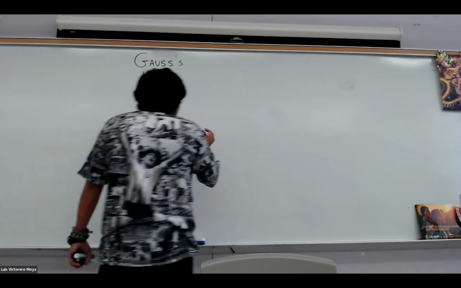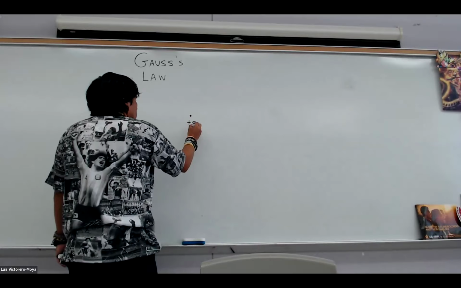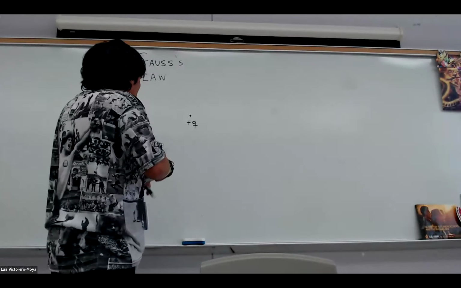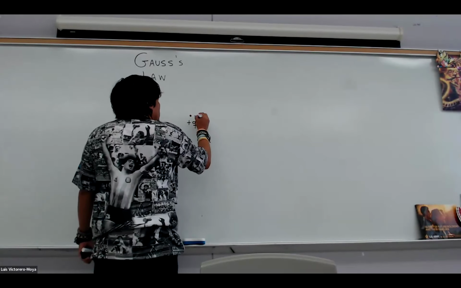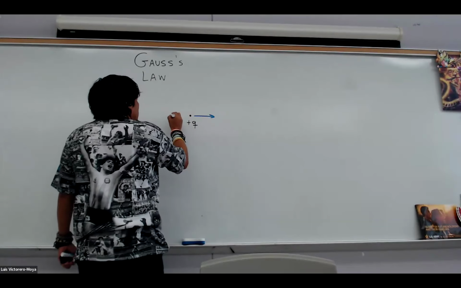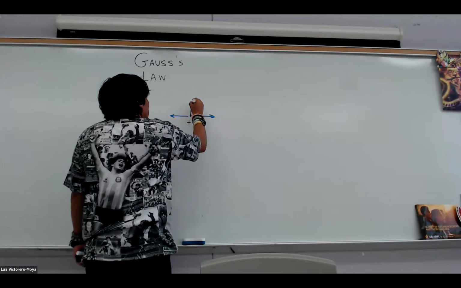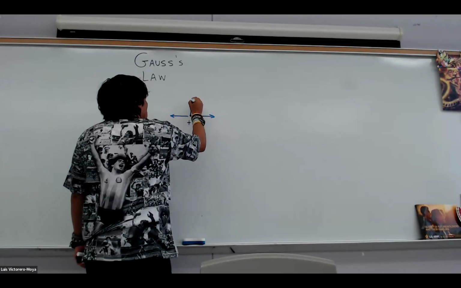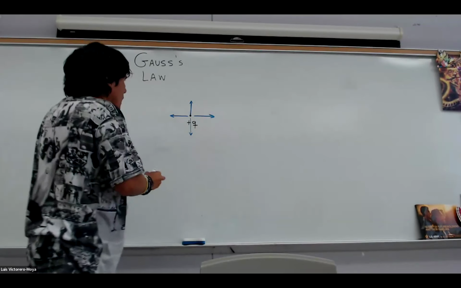So if you have a charge, positive Q, you can draw the electric field lines. Let's say I draw it so all of them have the same magnitude, like that.